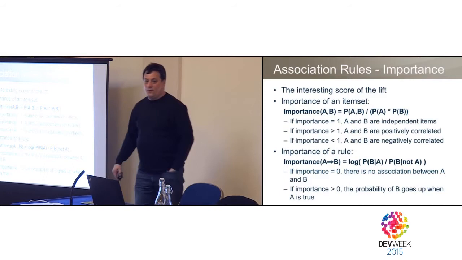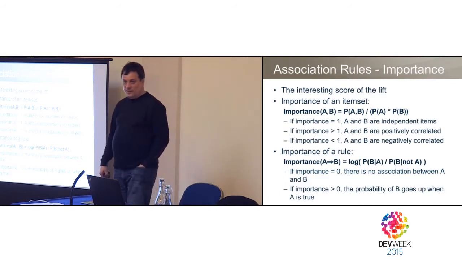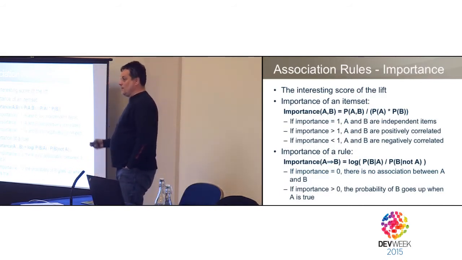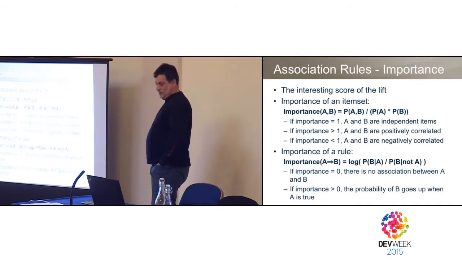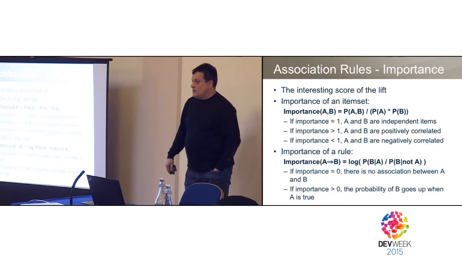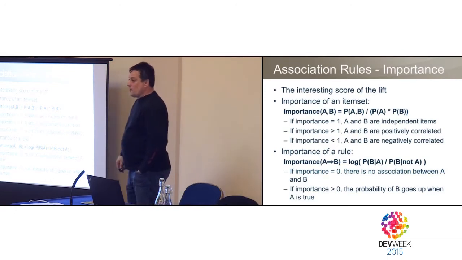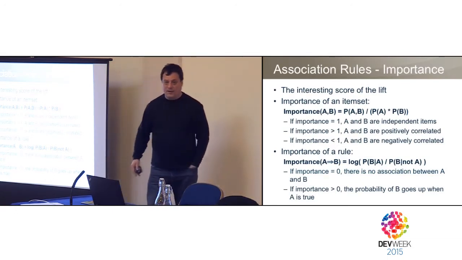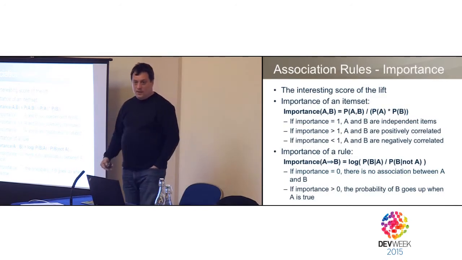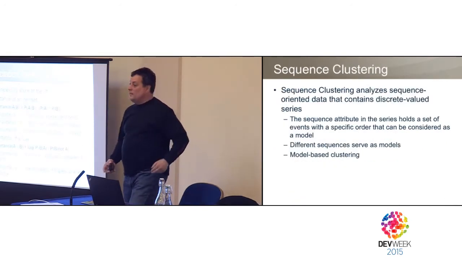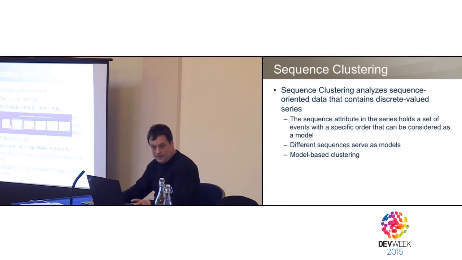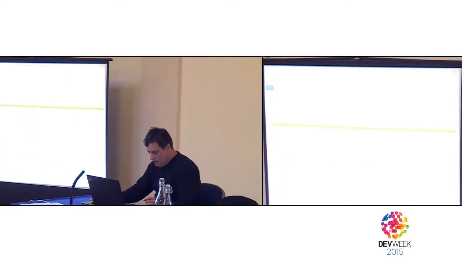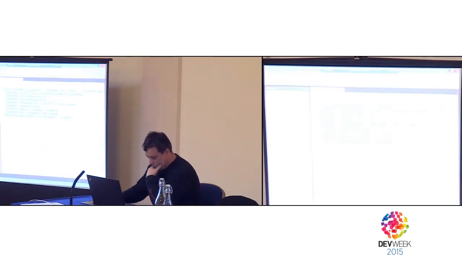And the higher the negative value, the higher the probability that an item B is not in the basket if item A is in the basket. So all of these coefficients are automatically calculated by association rules, and really no need to use any kind of manual thing. So let me go and define association rules.